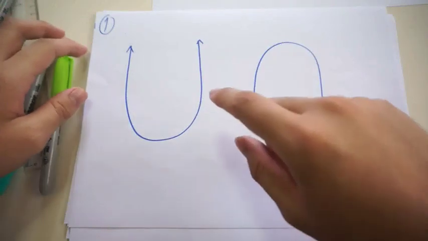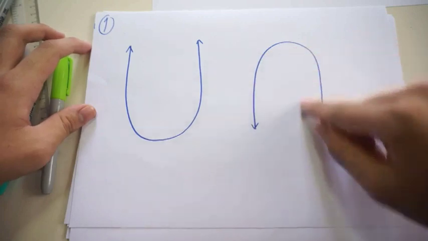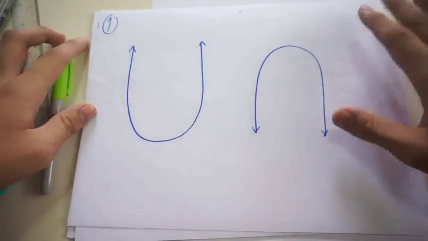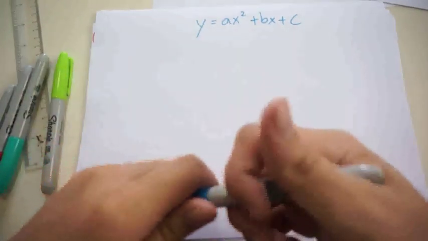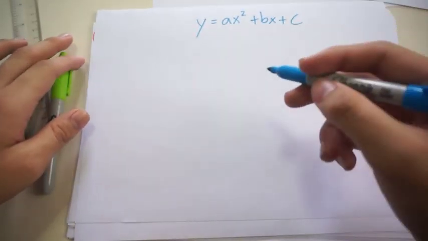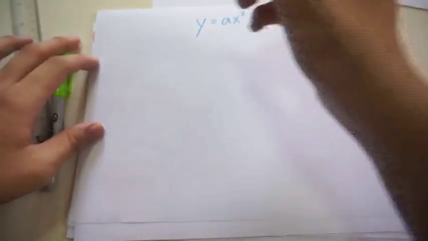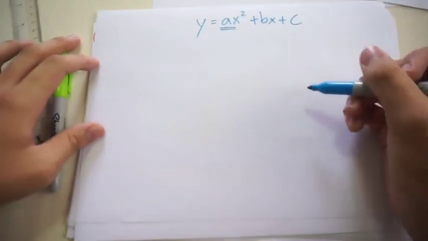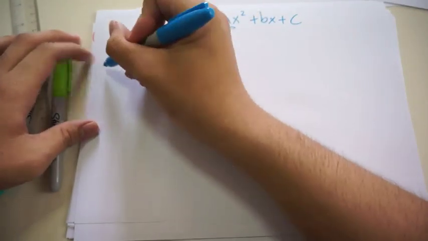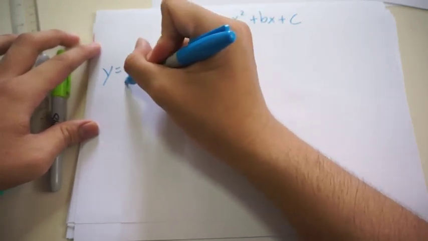First is the question of when the graph will be upward or downward. Well, that's easy. In this form, as you can see, y equals ax squared plus bx plus c, to know when the graph will be upward or downward is from this. To be upward, the graph will be expressed in the positive form.